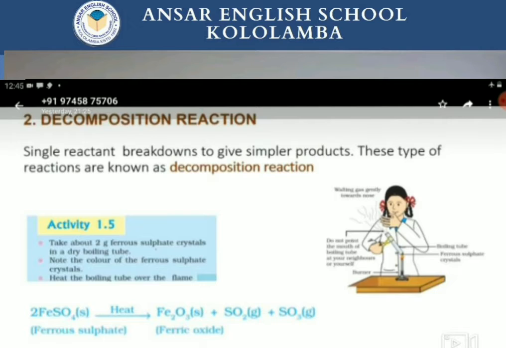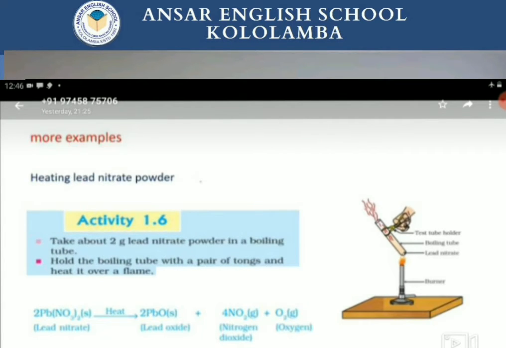So from this we can understand that a single reactant breaks down and forms different products. This is the decomposition reaction. Let's move to more examples. Here, heating lead nitrate powder.